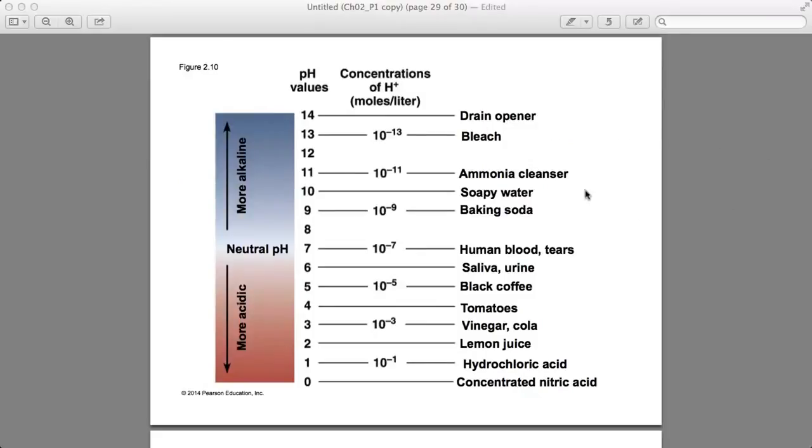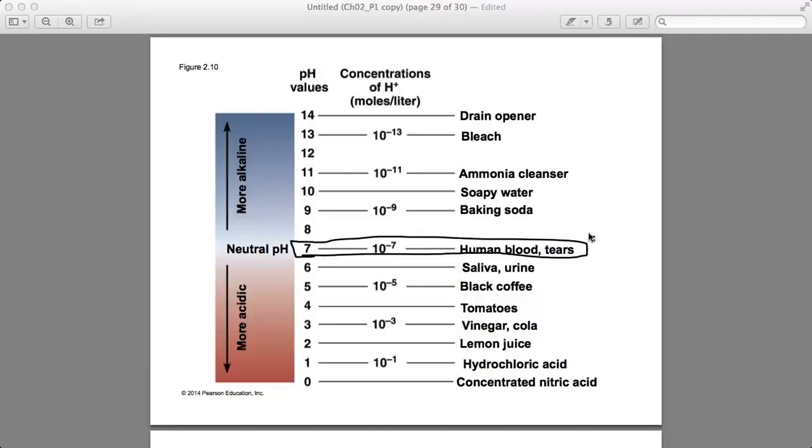Figure 2.10 shows the scale here, and you can see that overall most of our bodily fluids hover around the neutral range. And by the way, this is something that's also homeostatically regulated.